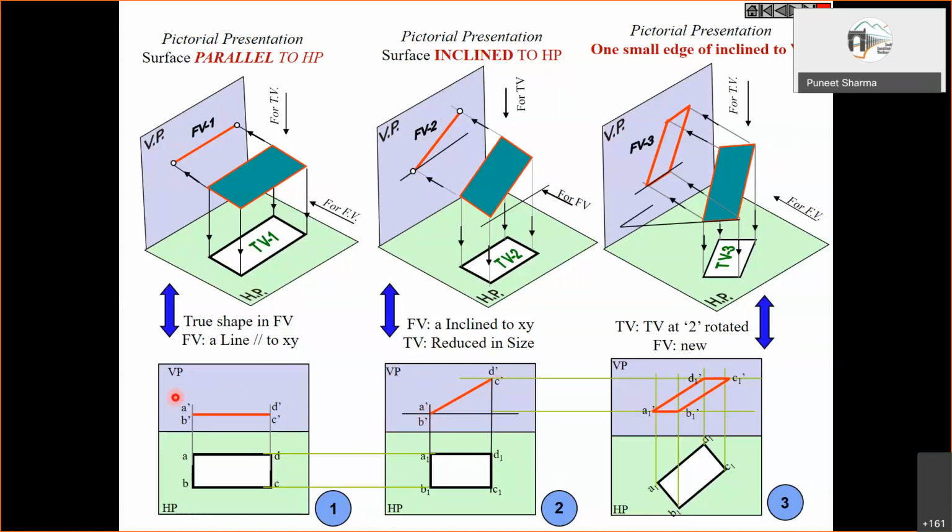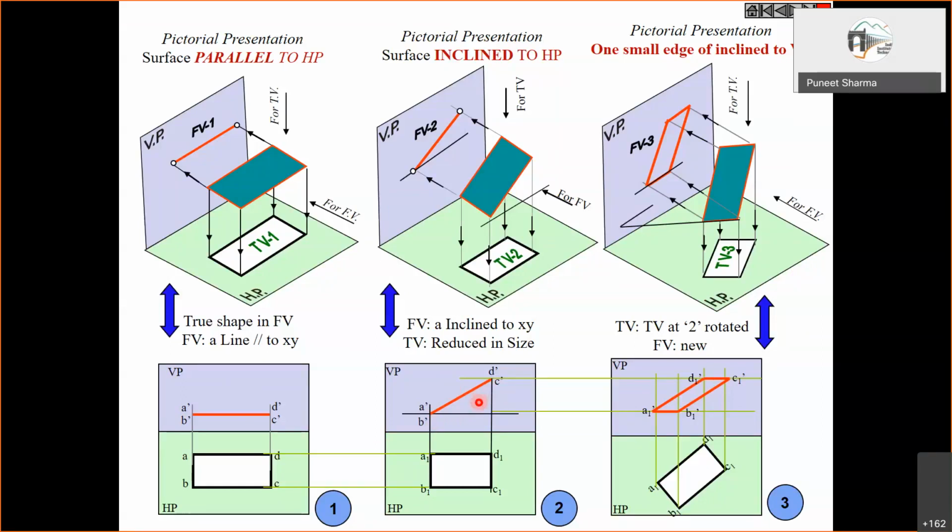Since we had a line view for the surface available here in the front view, we can draw the line view inclined to the XY line, and this will amount to making the plane figure inclined with the horizontal plane. Okay, so that is what is done in the next step.